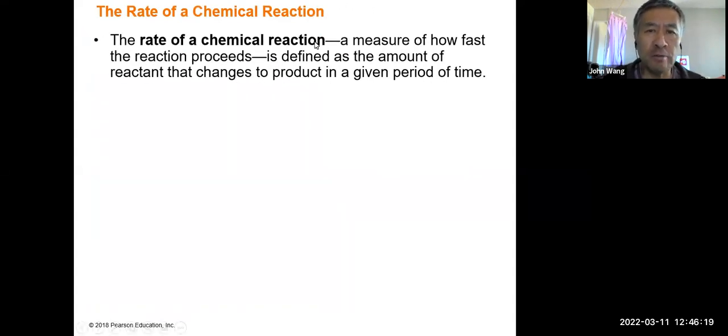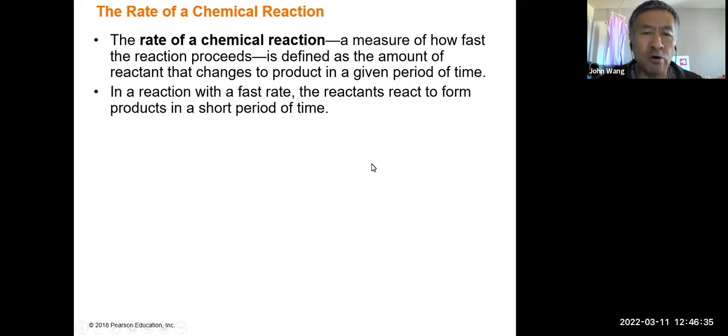So the rate of a chemical reaction is a measure of how fast the reaction proceeds. It's defined as the amount of reactant that changes to product in a given period of time. In a chemical reaction with a fast rate, the reactants react to form product in a short period of time.